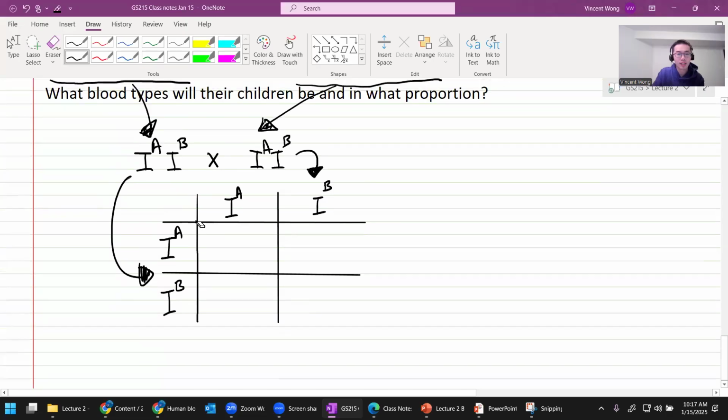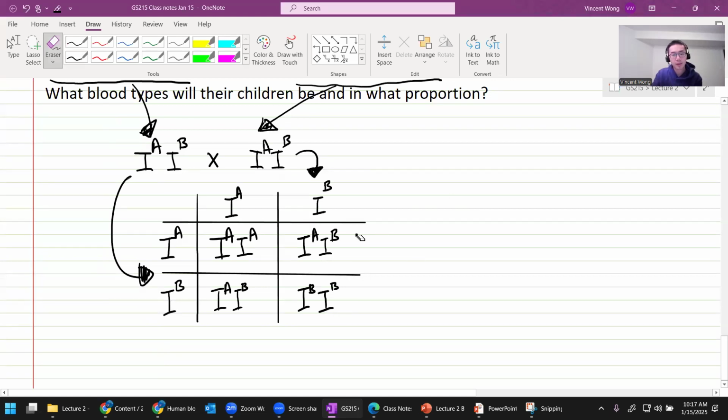And so if this sperm fertilizes that egg, the kid will be IAIA. If this sperm fertilizes this egg, then the child would be IAIB. And similarly, you can continue to fill in the rest of the table. The Punnett square, right? That's what it's called. And so let's interpret the result.